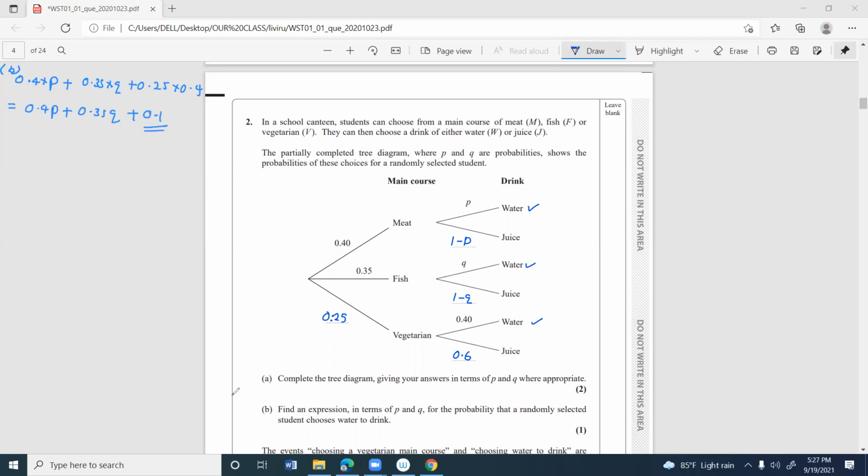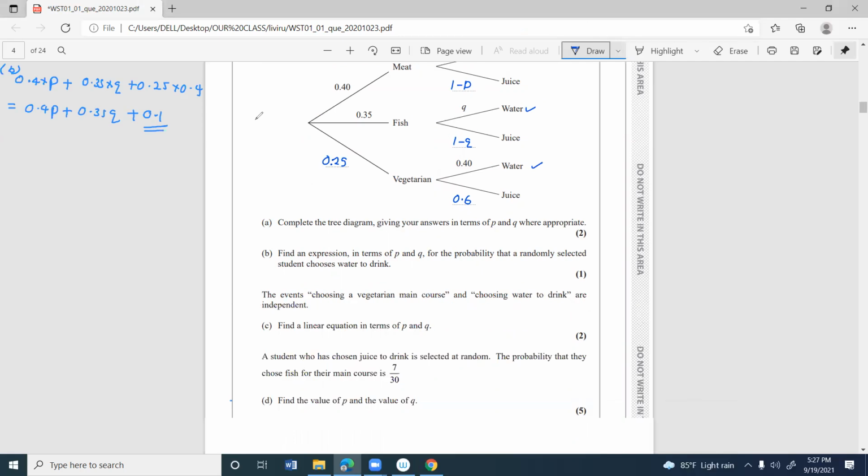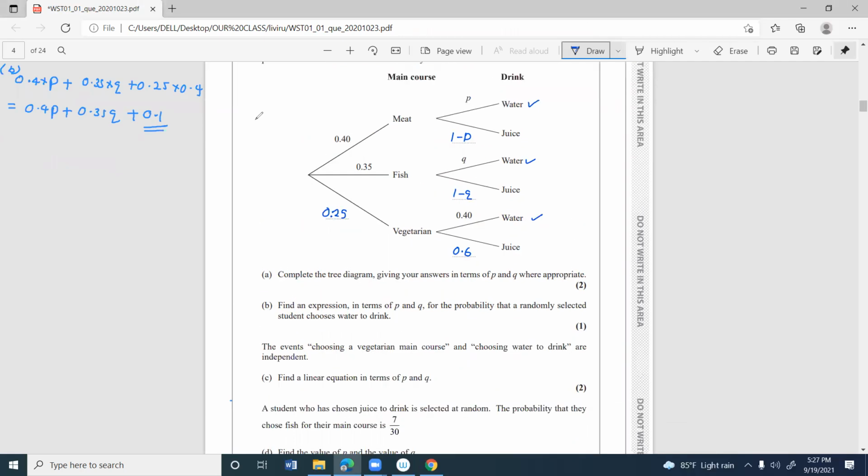Then they mentioned this condition: the events choosing a vegetarian main course and choosing water to drink are independent. Find a linear equation in terms of p and q. Those are independent.